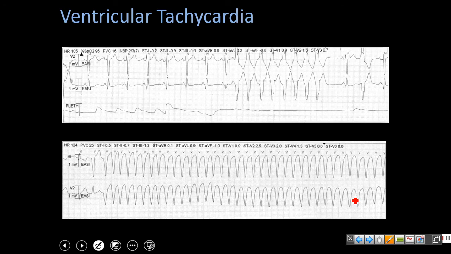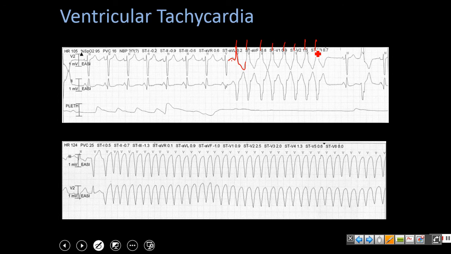Here are some example strips of ventricular tachycardia. You can see up here we've got this early beat, wide QRS, inverted T wave, and there's 1, 2, 3, 4, 5, 6, 7, 8 beats. And how fast is this?